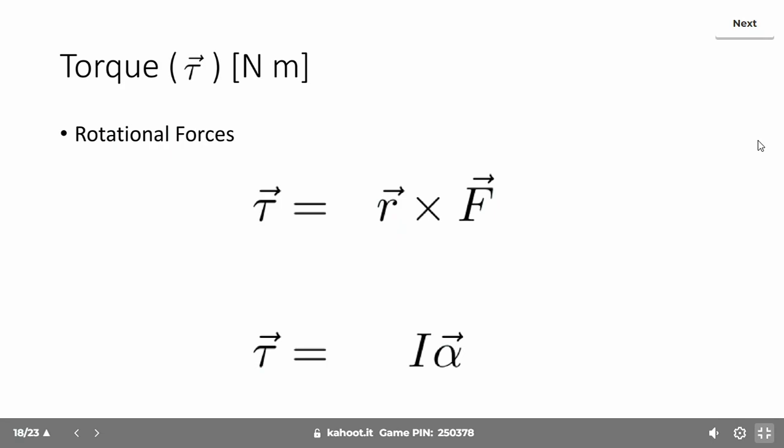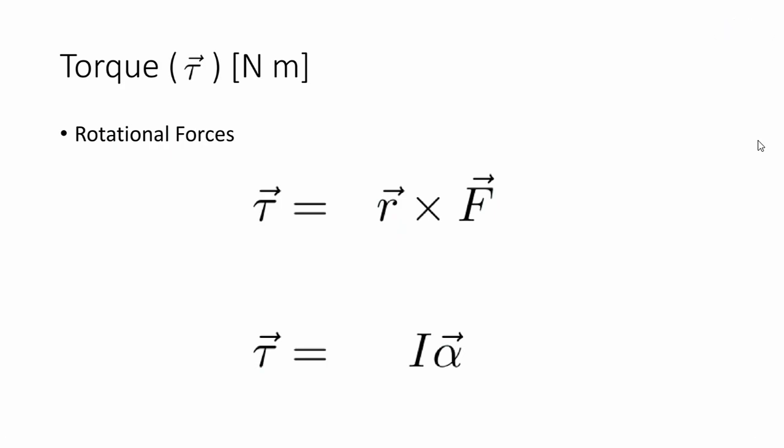So we talked about forces, and there's going to be a rotational equivalent to force called torque. It's the Greek letter tau. And again, we can get that by just taking the linear version, force, multiplying it by r, like the radius of a circle, or we can take the angular acceleration and multiply it by the moment of inertia.